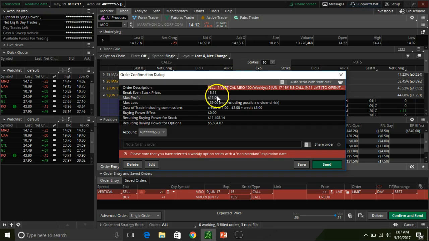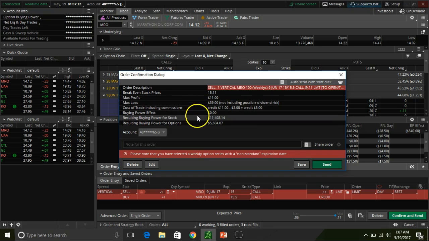Our maximum profit in this trade is $11, and our maximum loss in this trade would be $39. We can't lose any more than $39 in this option. And that is the power of Thinkorswim, because it will give you everything that you need to know about this trade.